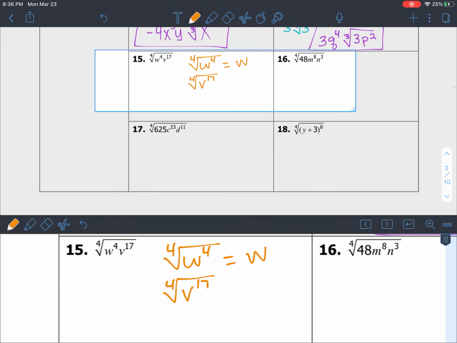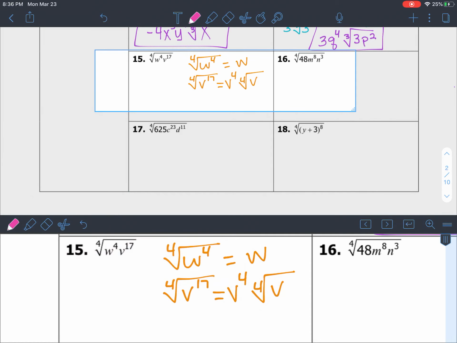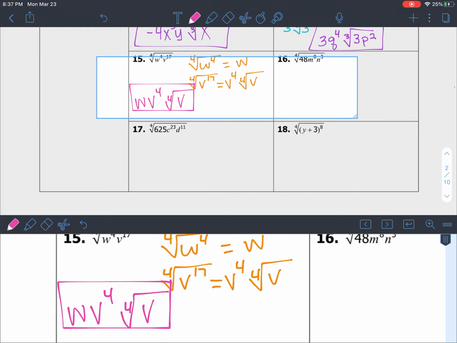Well, the closest I can get is 16, and there's 4 groups of 4 inside of 16, and then I would just have 1 left over to get to 17. So my final answer here is going to be a W on the outside, a V to the 4th on the outside, and then the 4th root of V.